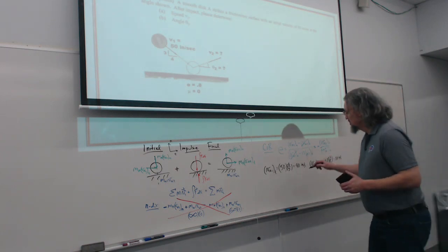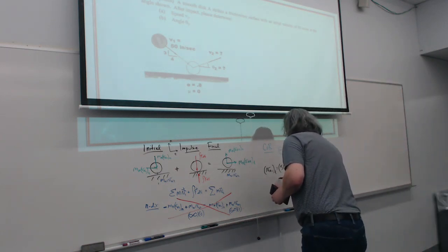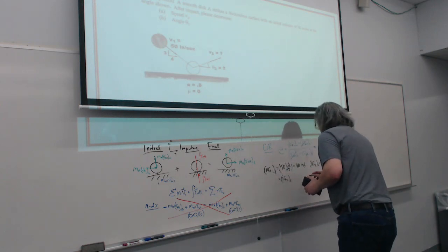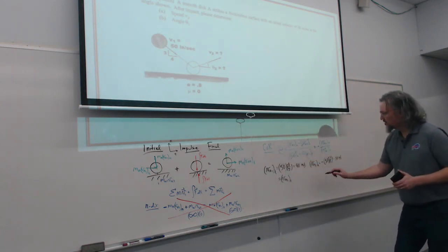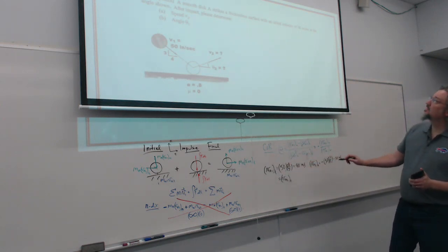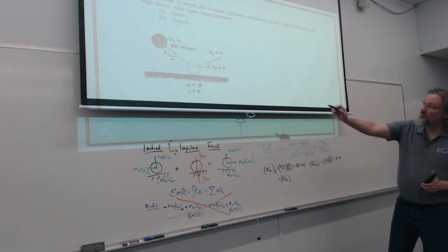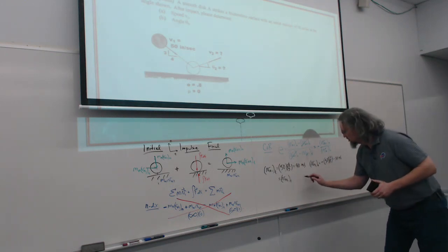So we know that this right here is also equal to the velocity of A2 in the tangential direction. And so we can apply the coefficient of restitution, which is shown at the bottom. It's 0.8.